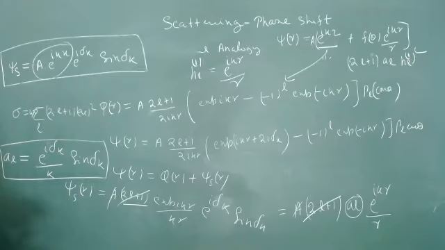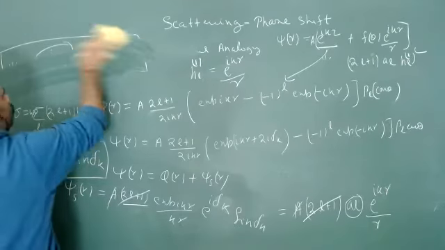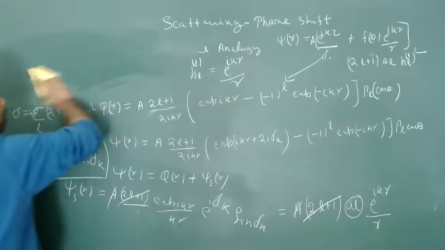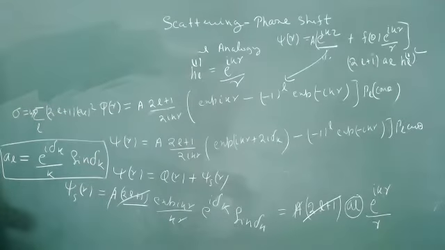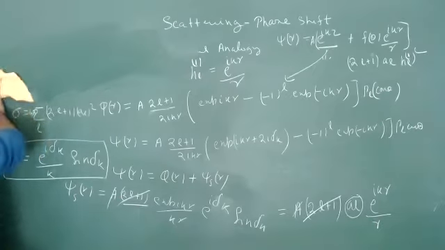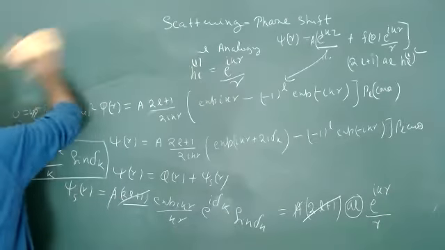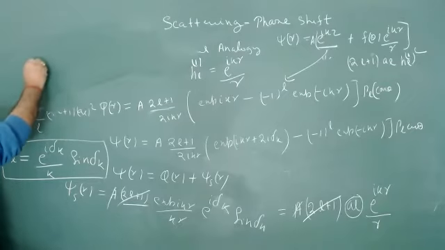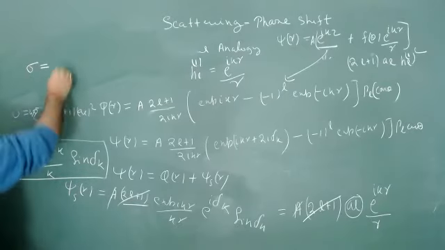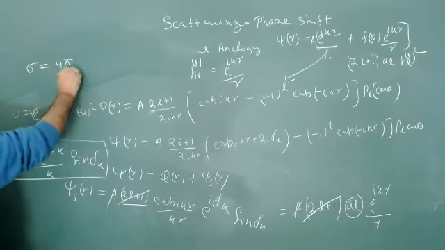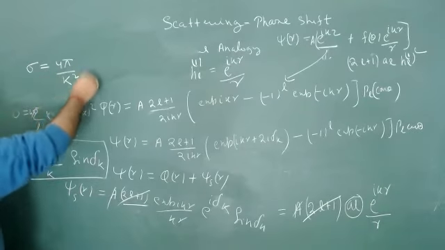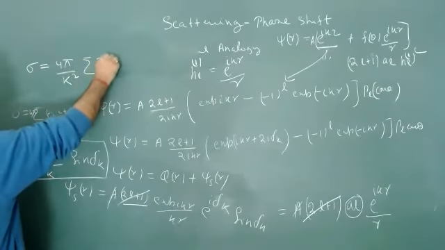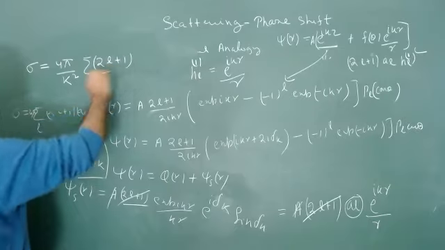So we can have sigma here. इसको हटाऊं, and this value sigma is equal to, I think, 4 pi upon k square and summation over 2l plus 1.